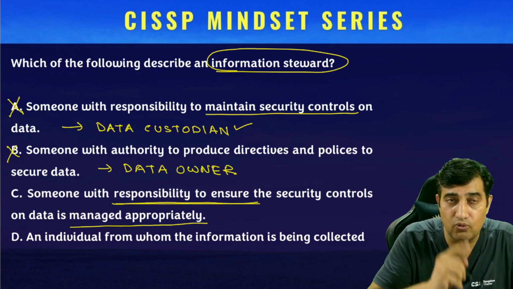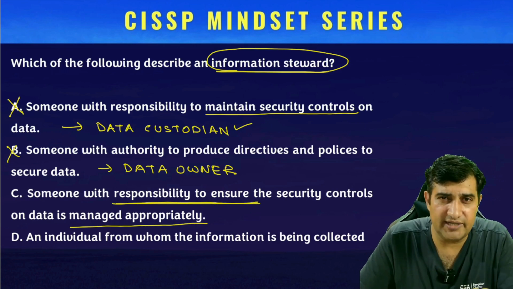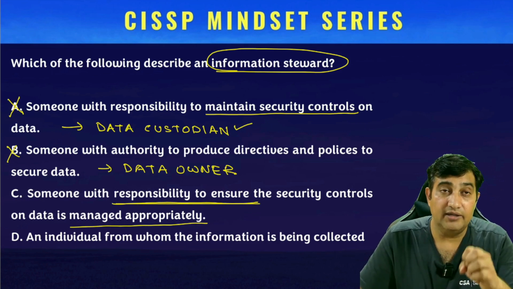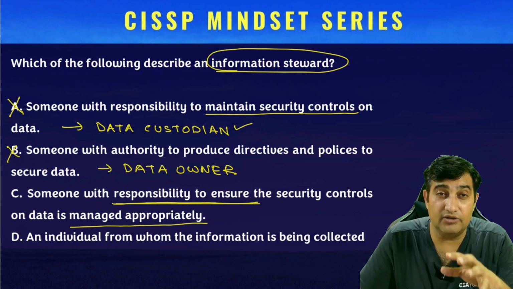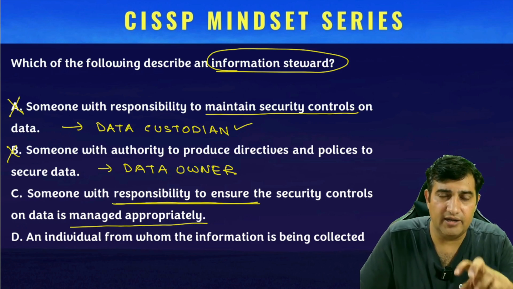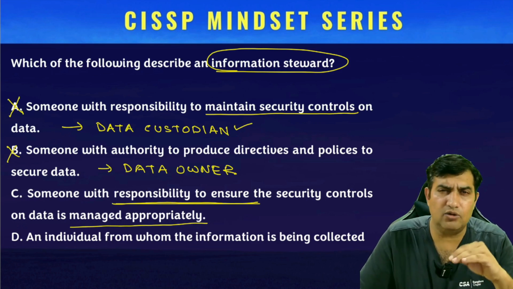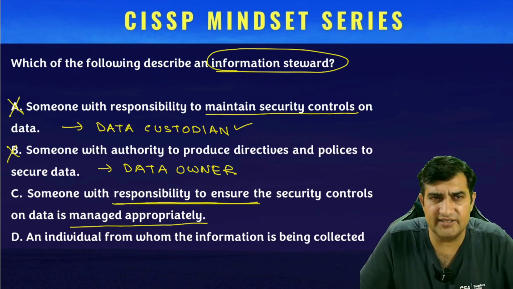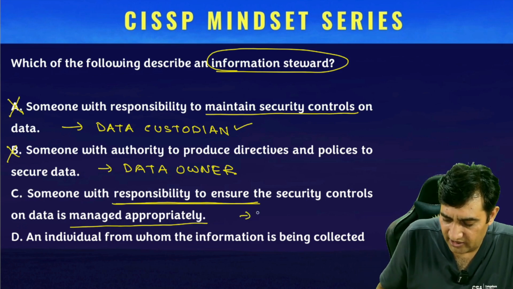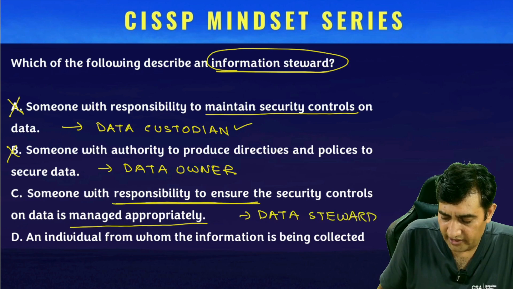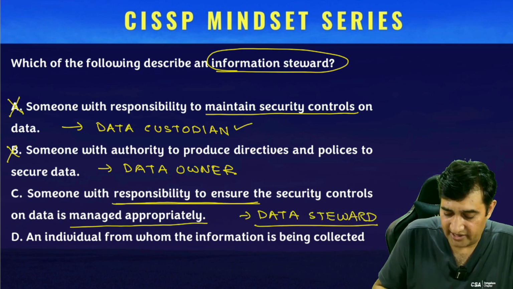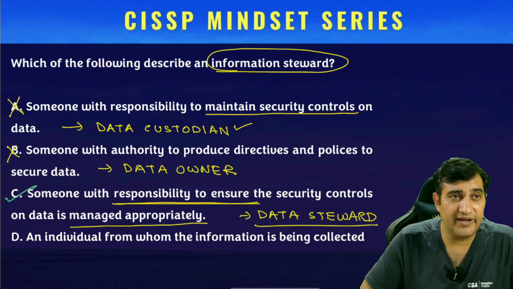Who ensures that the policy has been implemented correctly, the database schema has been implemented correctly, the compliance is there, the quality is managed? That is nothing but the data steward. So that is the correct answer in this particular case.